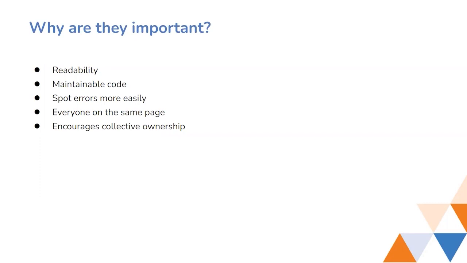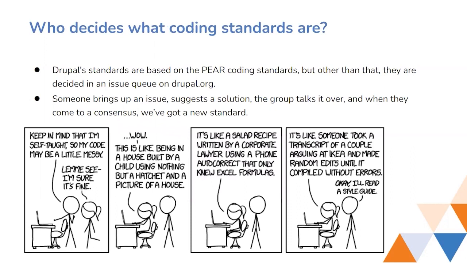So now, who decides these coding standards? For PHP, there are PEAR coding standards, but for Drupal, there is an issue queue list and all that, where standards are formed. People put up what standard to follow, people put up suggestions and all, there is a discussion over that, and they come up with the standards.